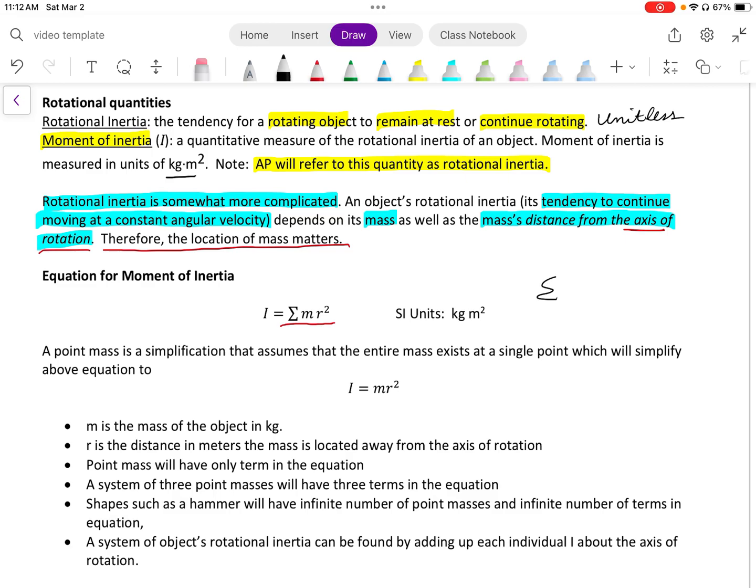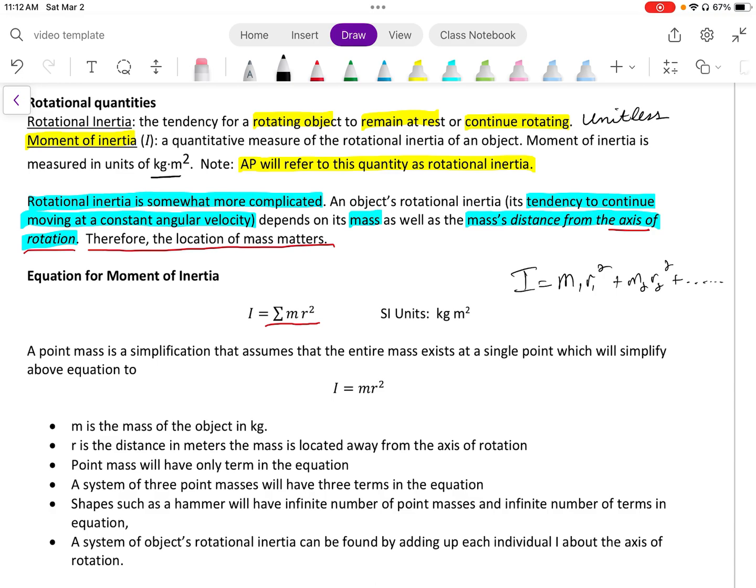So I could have I equals m1 r1 squared plus m2 r2 squared plus dot dot dot, and I can go on forever. So the sum of all the masses times those individual masses' distance away from the axis of rotation squared. Therefore, the units in SI are kilogram meter squared.